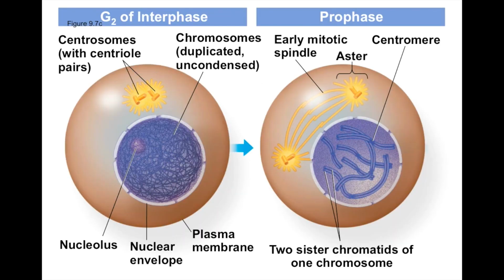Okay, here we go. So, first phase of mitosis is prophase. They are showing you in this diagram the end of G2, though. Notice that the chromosomes are not condensed here. It's just kind of exists as that chromatin, so it's just kind of this loose, all over the place DNA.